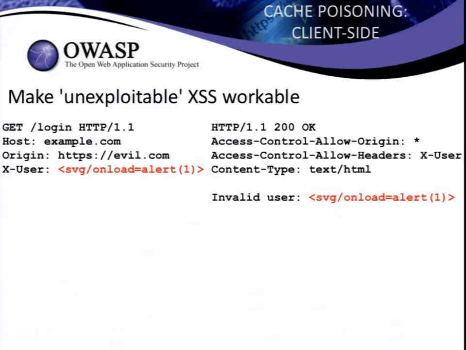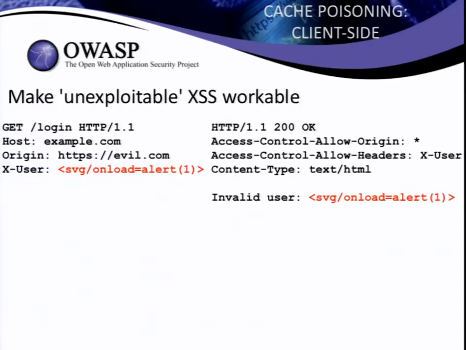If you've done a fair amount of web app pen testing, you might have encountered situations where you've got an unexploitable cross-site scripting vulnerability, like this one here. So here, the application is reflecting the X-user header insecurely, but as an attacker, there's no way for me to make my victim send that custom HTTP header across the domain, so I can't directly exploit it.